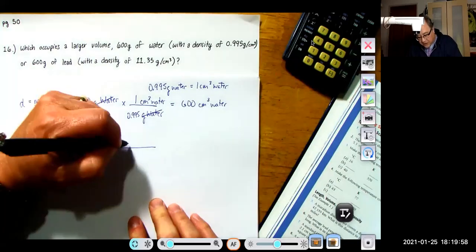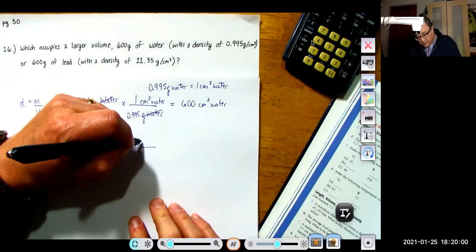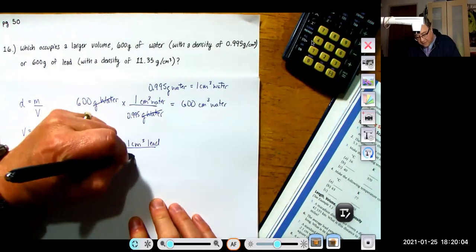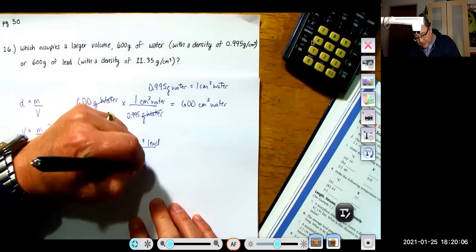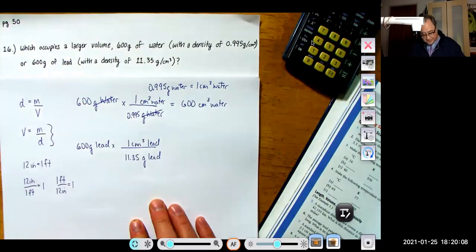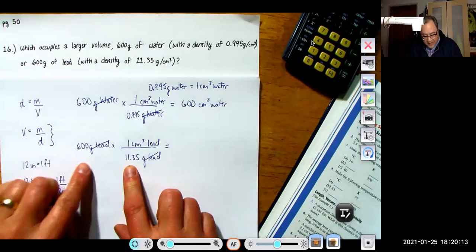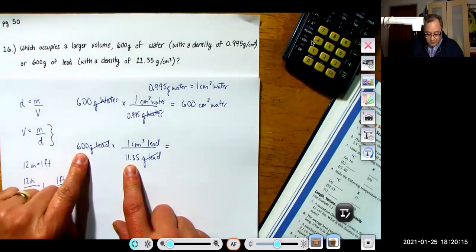So I'm going to write 1 centimeter cubed of lead over 11.35 grams of lead. So the grams of lead cancel. And here I can see that that goes into that about 60 times because that's around 10.